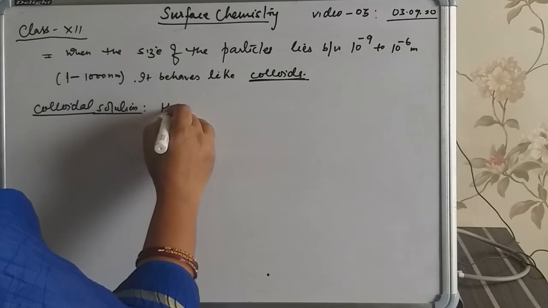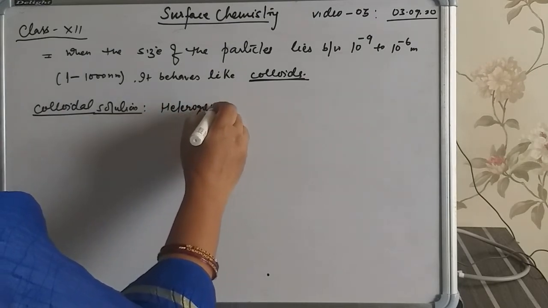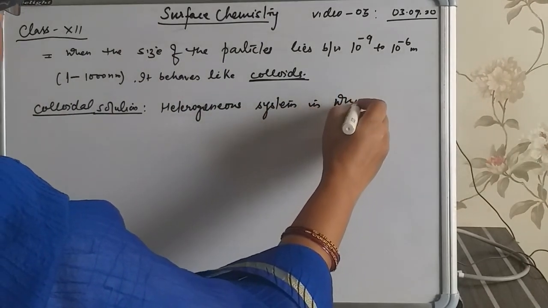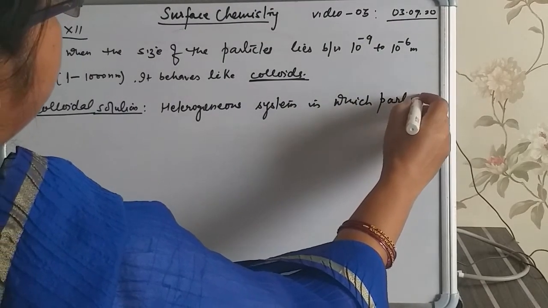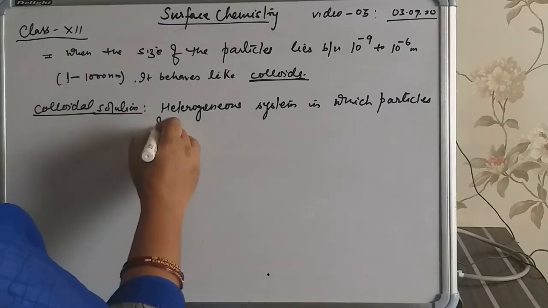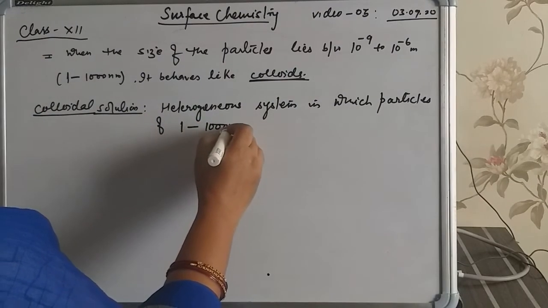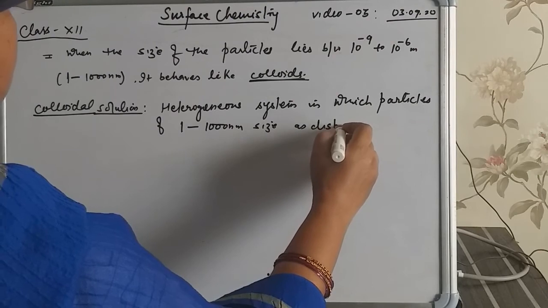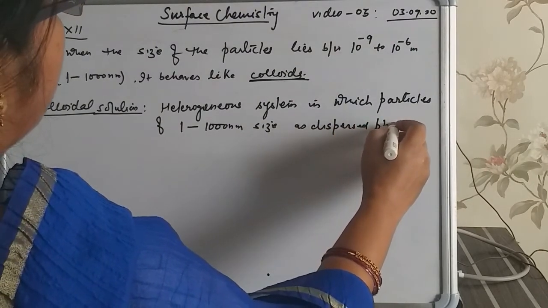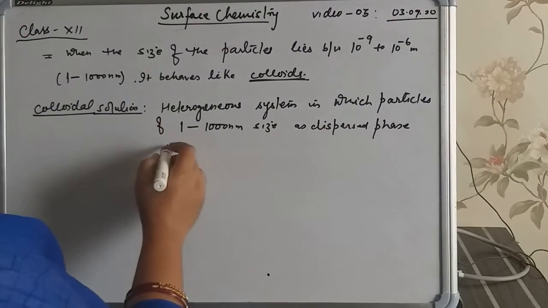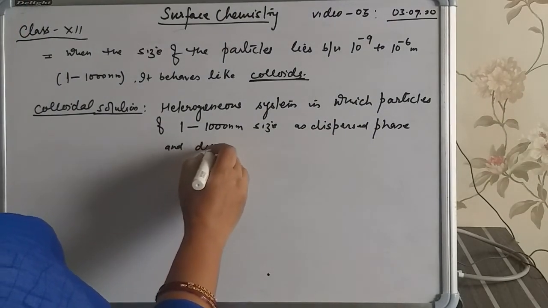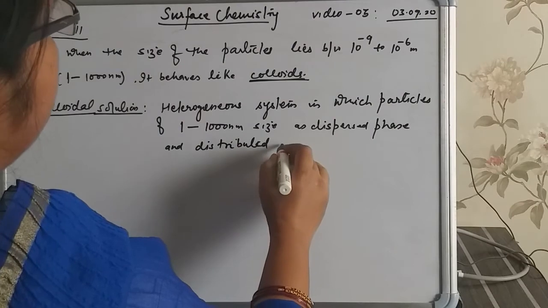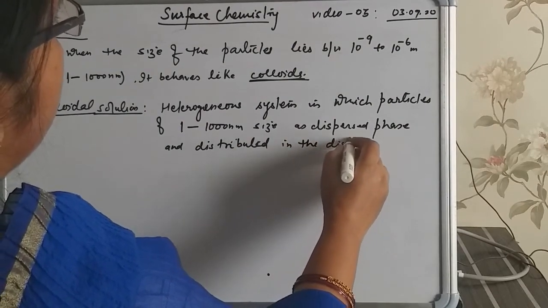It is the heterogeneous system in which particles of 1 to 1000 nm size as dispersed phase are distributed in the dispersion medium.